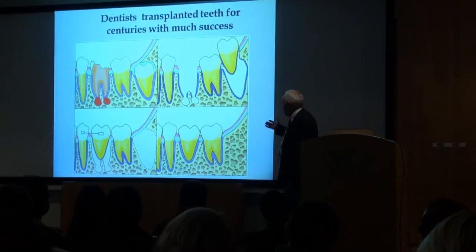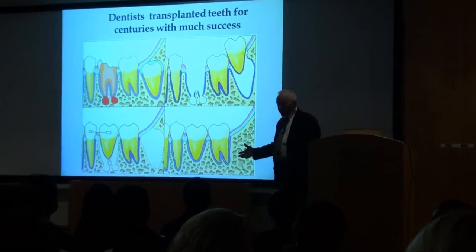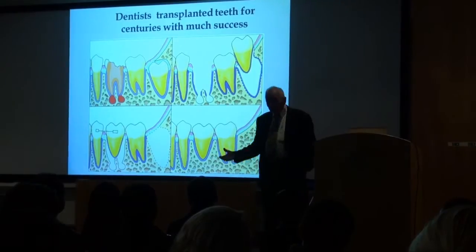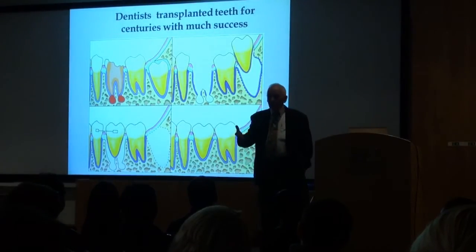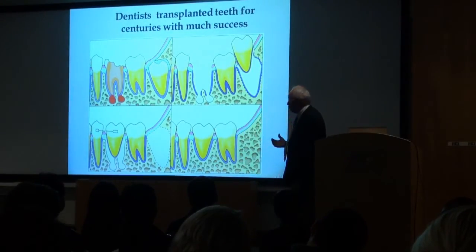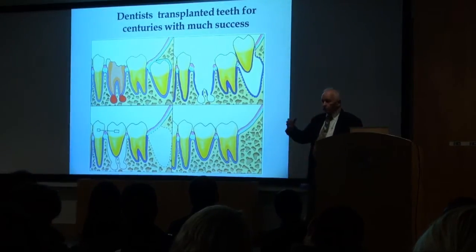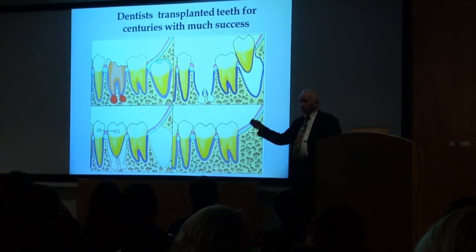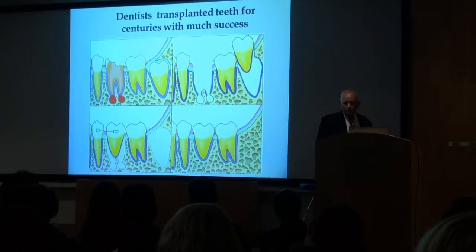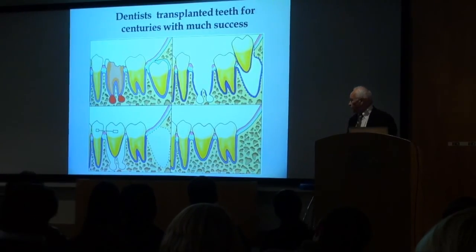For decades, we know that teeth can be transplanted in the same patient, and also years ago, dentists were using a bank of teeth, and they were implanting teeth instead of implants.